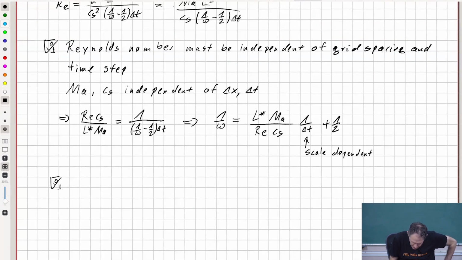Okay, very important in acoustic scaling.